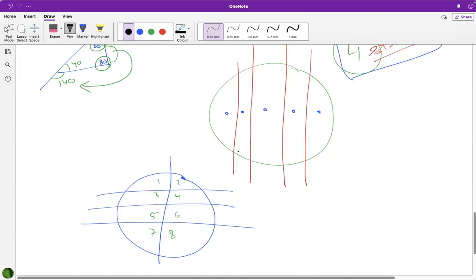I'm curious how you got 12. 4 lines only, not more than that.